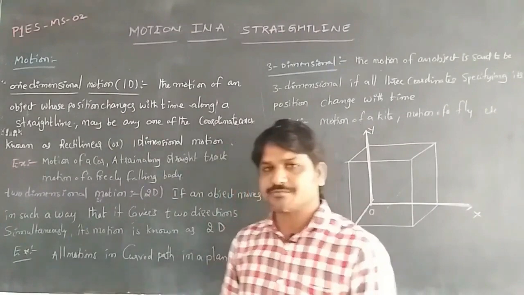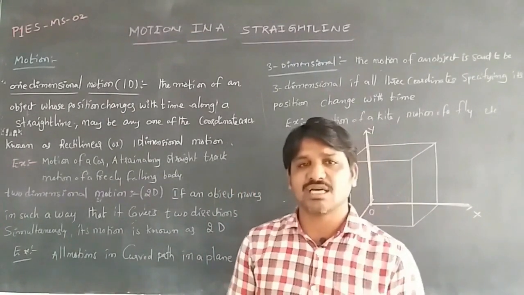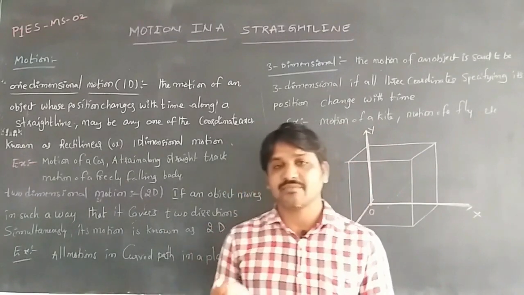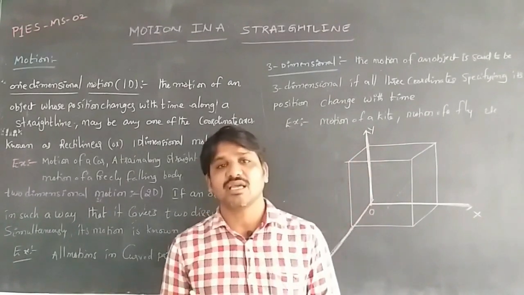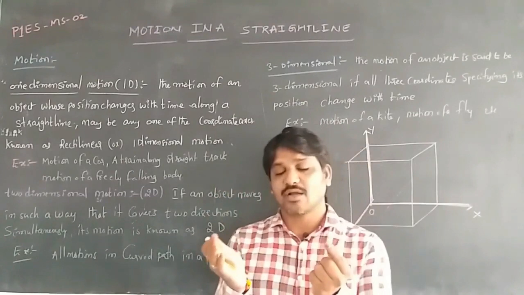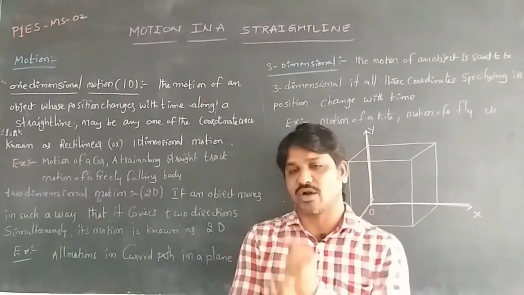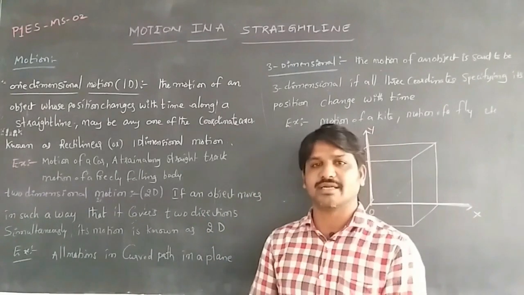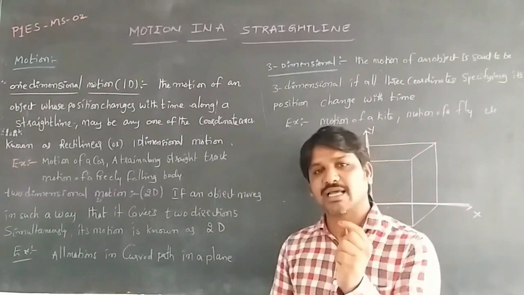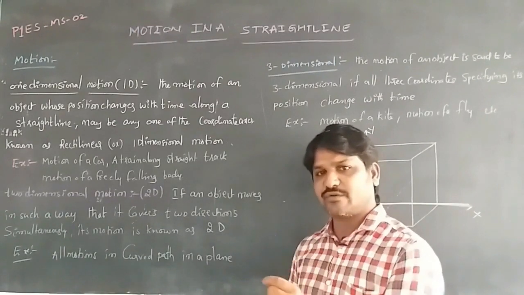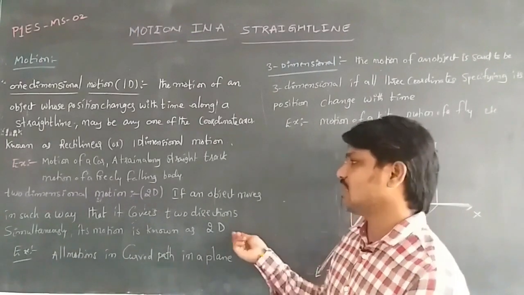If the body is moving in a curved path, where the position can be specified by two coordinates according to the two coordinate axes, that is, the body is moving in a plane, then that is called two-dimensional motion.